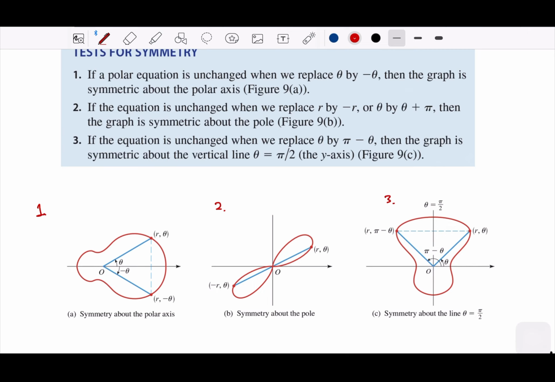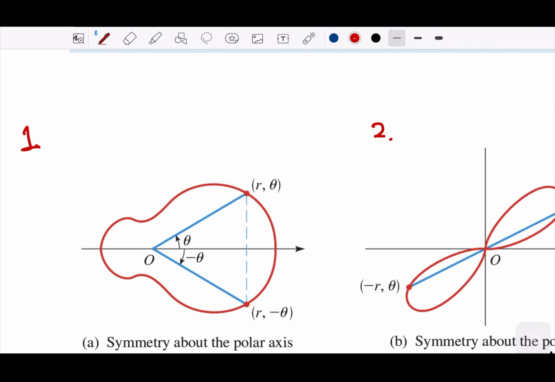So if we replace, for example, well, you could imagine that if this is your original position, and we replace the theta with negative theta, of course you have a polar equation, r equals something.